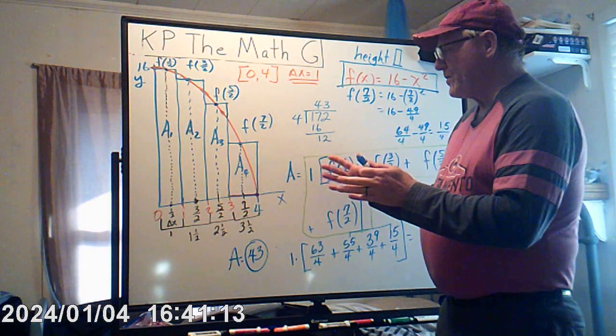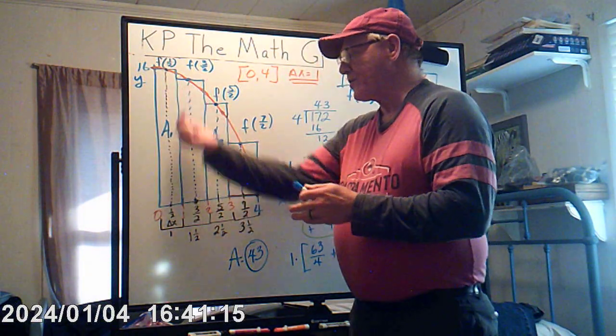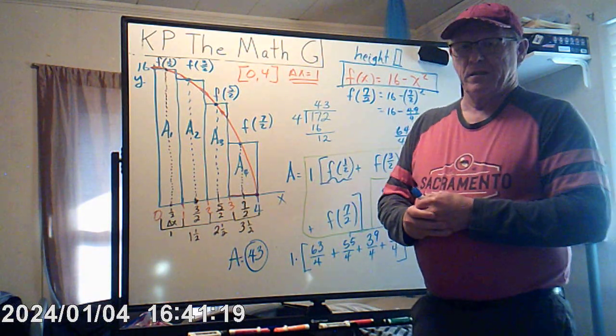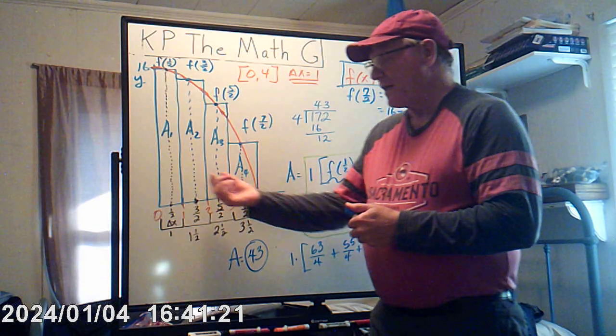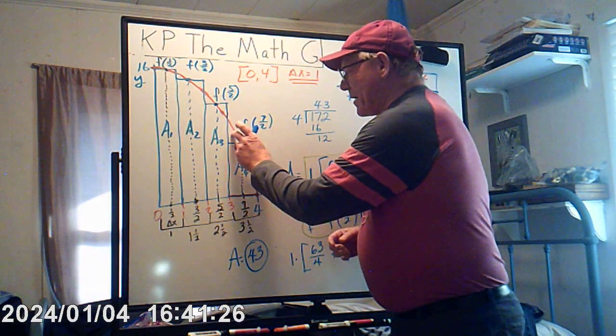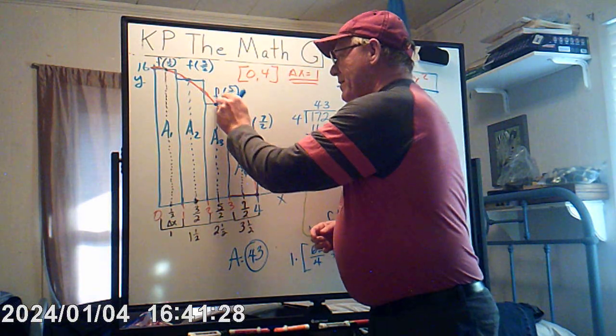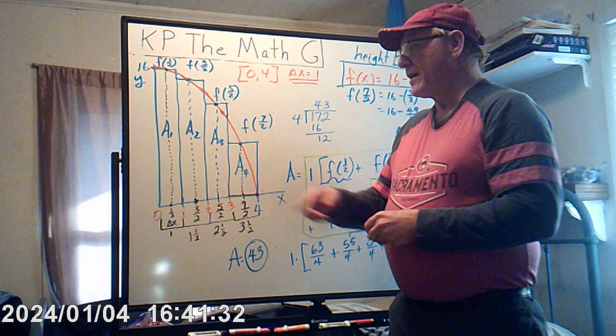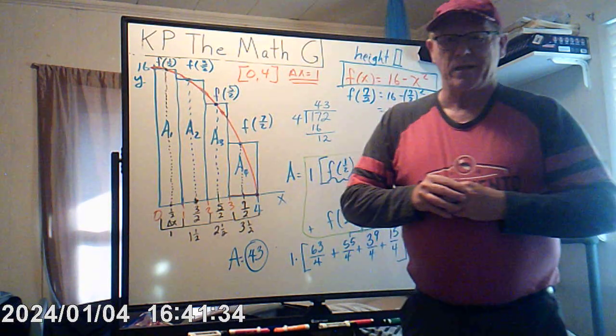Let me just emphasize that if we could get smaller triangles, instead of 4 triangles, maybe 8 triangles, maybe 16 triangles, we would get closer. We'd have less and less gap on the outside, and less gap on the inside too, by the way.